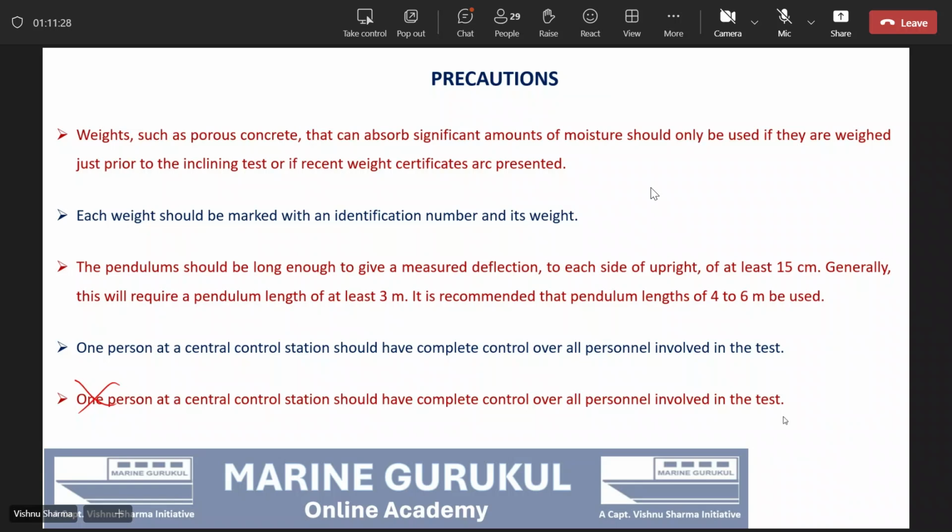Correct? And secondly, please understand, when the ship inclines, the viscosity of the liquid will also resist the inclination of the pendulum, right? So if you bring a pendulum bath, when do you bring it?